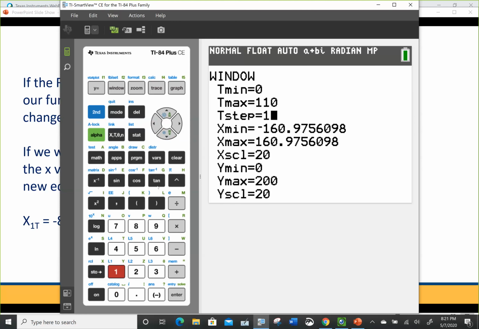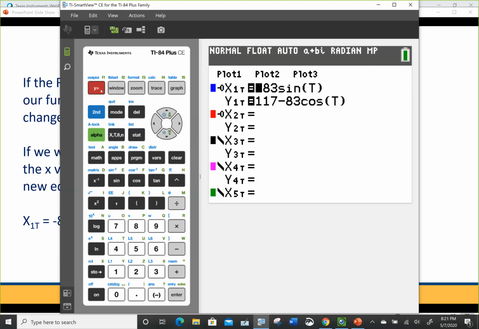So that means that the calculator is going to calculate every 1 second what ordered pair would be graphed and then connect those dots. Okay. Let's go back and look at my y equals. I've gotten the negative in, and I'm going to put my coefficient of t. So I'm going to insert 2 pi divided by 110.